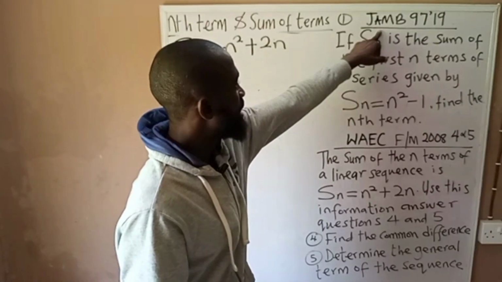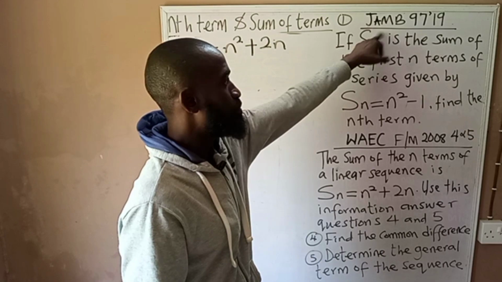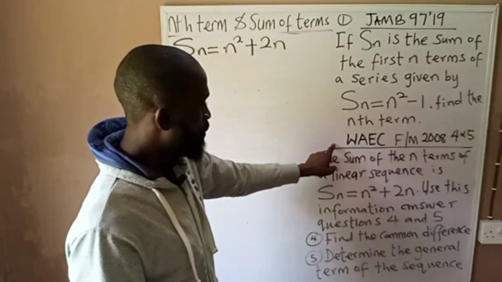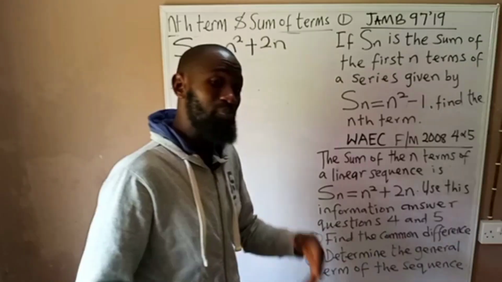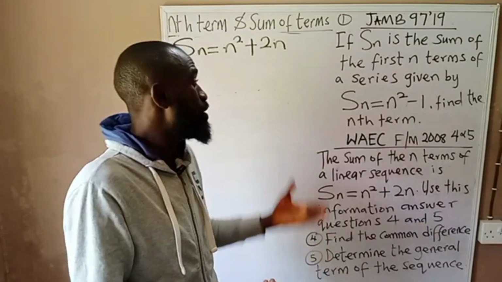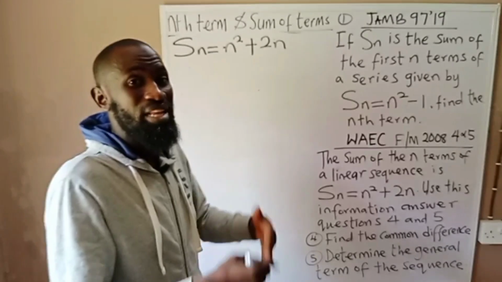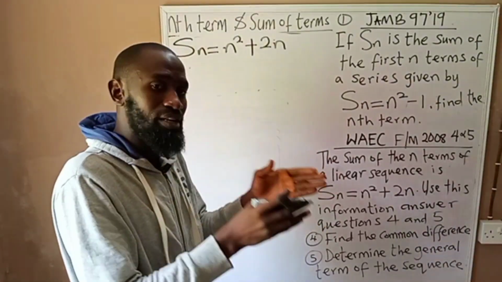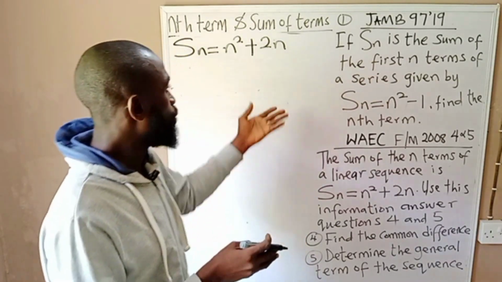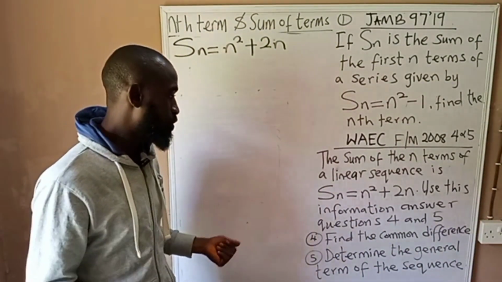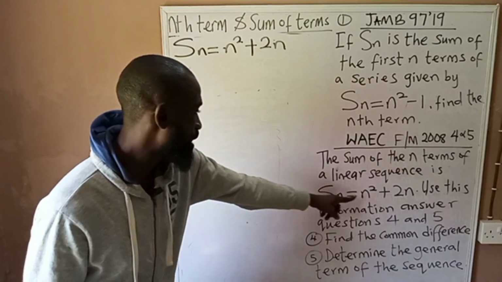The first one we solved is JAMB question 1997, question number 19. This second one is WAEC full maths question 2008. So they ask questions using this concept virtually every time, so you have to understand the concept clearly and apply it to solve questions. Here, Sn equals n squared plus 2n.